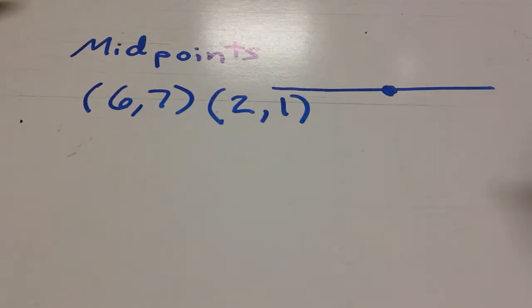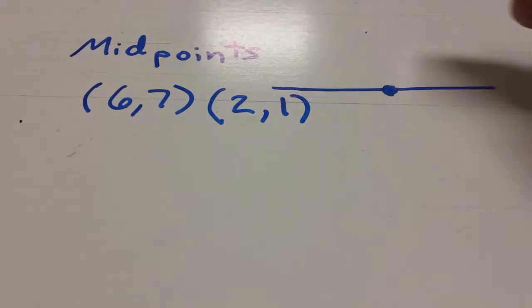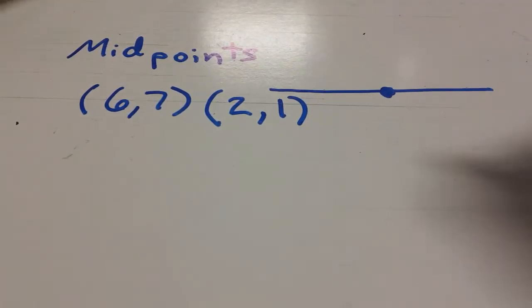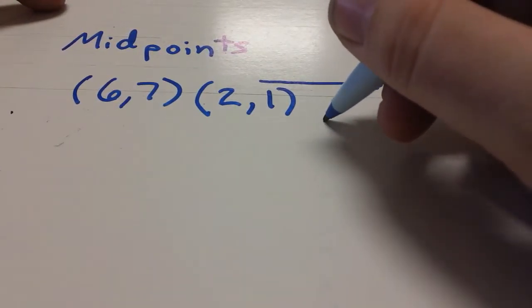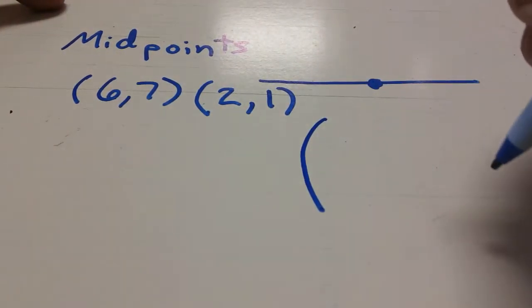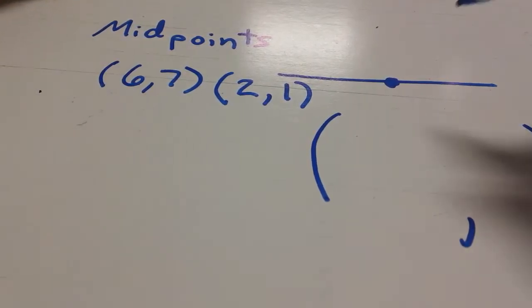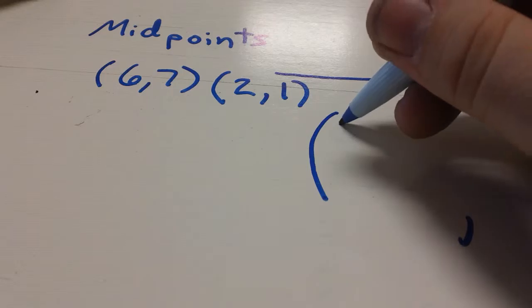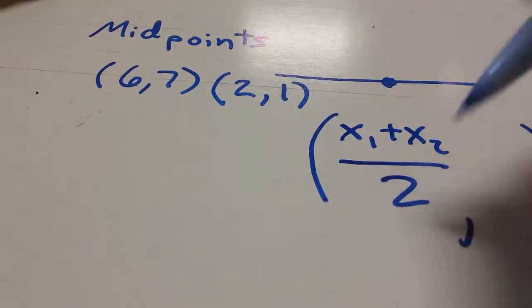So what we're going to do is we have this nice little formula, kind of a pattern that tells us what the coordinates for our midpoint will be. Now this pattern goes like so. It helps us find the two different coordinates. So we have an X pattern and a Y pattern. Now the X one is just simply going to be x1 plus x2 over 2.